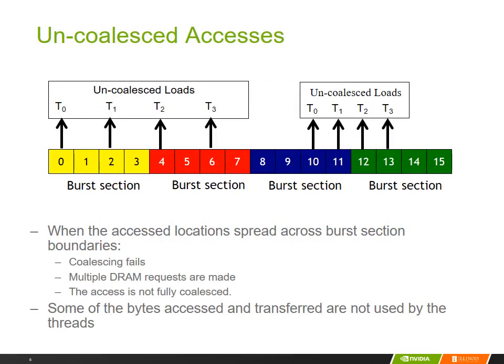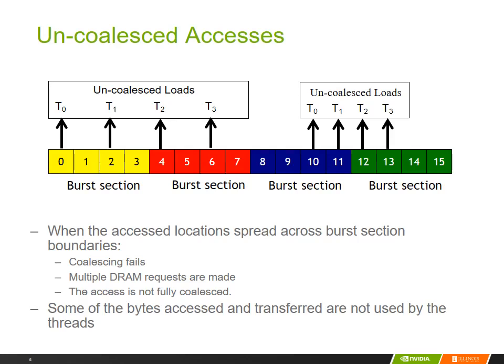When the access locations by threads in a warp spread across burst section boundaries, we say that the coalescing fails, or the load becomes uncoalesced. For example, on the left-hand side, threads 0, 1, 2, and 3 access bytes that are 2 bytes apart from each other.